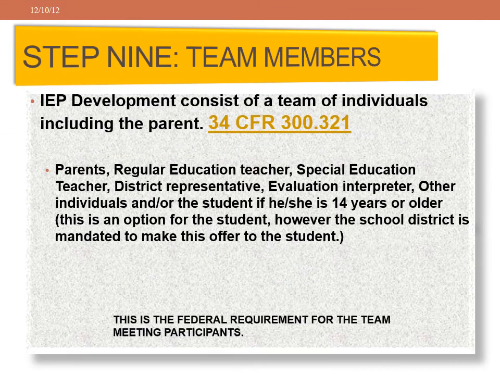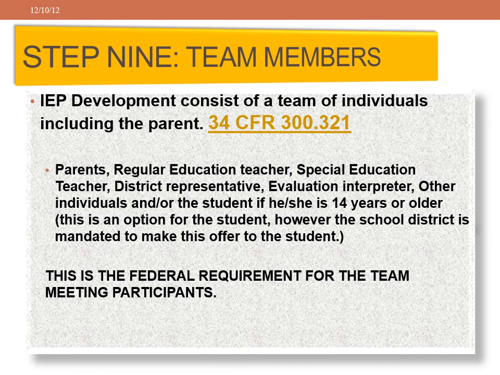Team members. These are the people that actually are supposed to be at your kid's team. If it's not determined yet whether your child is going to be in a regular ed classroom, like a co-taught classroom, then the initial team meeting has to include both a regular ed and a special ed teacher. The district has to provide somebody who has the authority to make a decision at that team meeting.